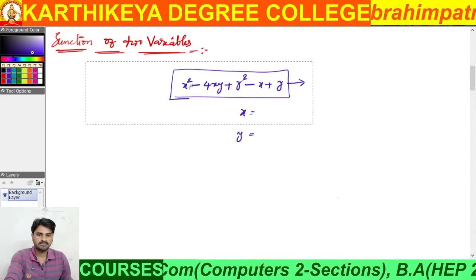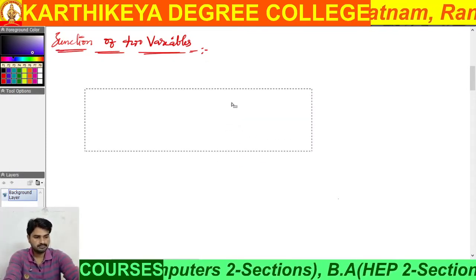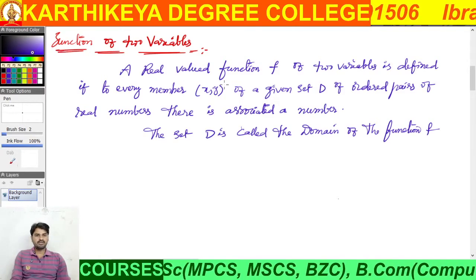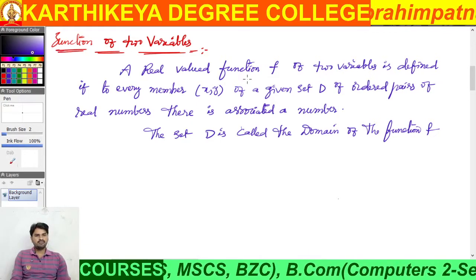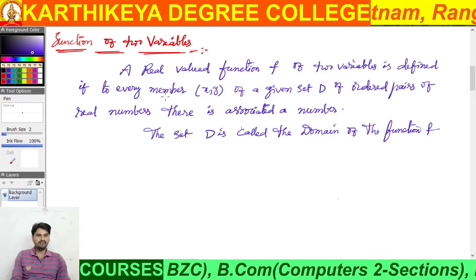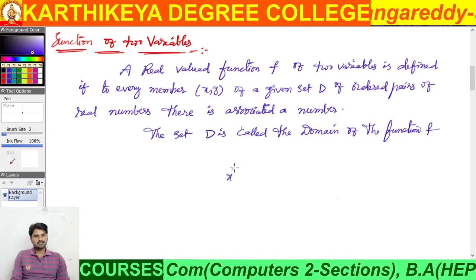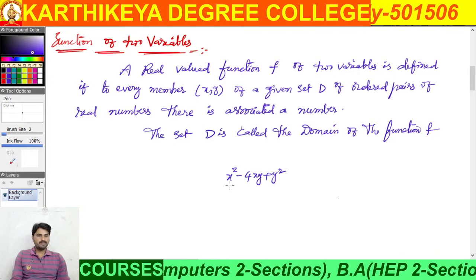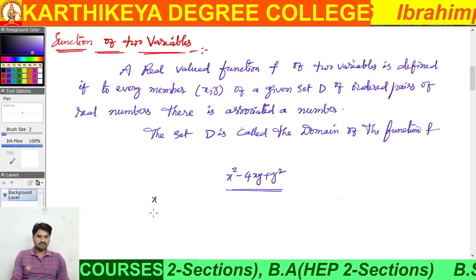Let me write the definition of a function of two variables here. Students, this is the definition of a real valued function f of two variables. A real valued function f of two variables is defined for every number x comma y. For example, x square minus 4xy plus y square: to find this, you need to take an x value and a y value.